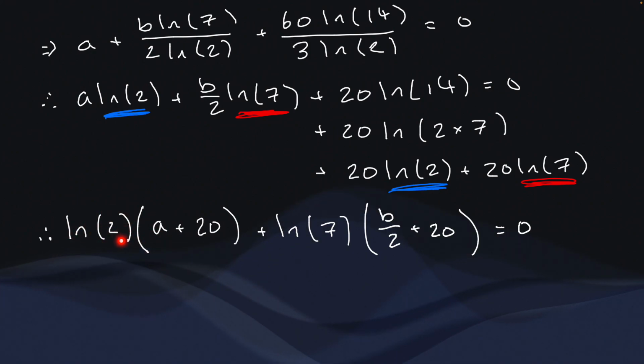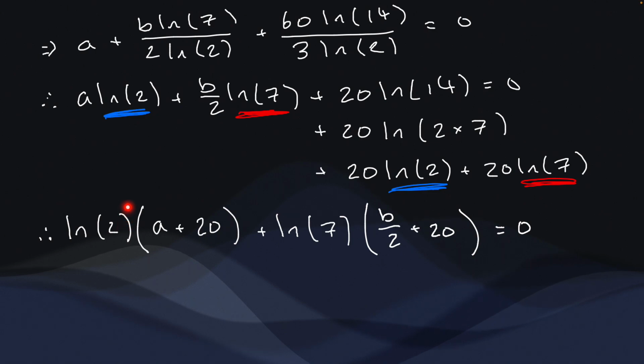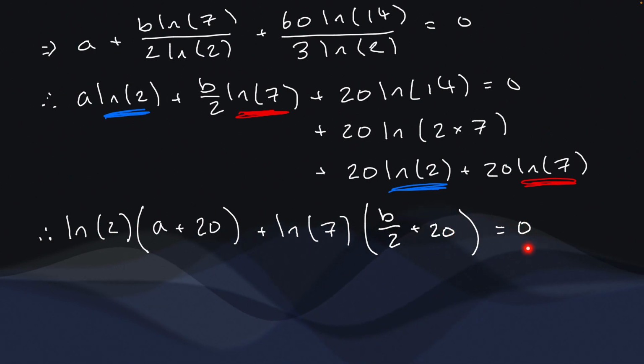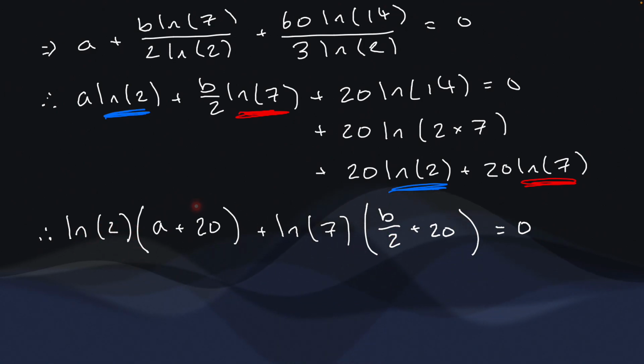Anyhow, what we have is ln 2 times a plus 20, and ln 7 times b over 2 plus 20, which means that in order for these two to be 0, this must be equal to 0, and this must be equal to 0, because ln 2 times 0 is 0, plus ln 7 times 0 is also 0, and 0 plus 0 is 0, obviously.